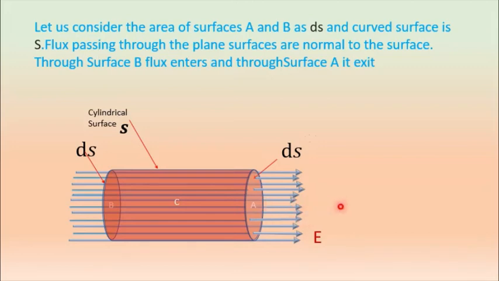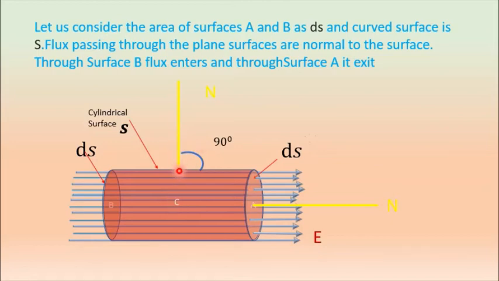Let us consider normals to the surfaces. Normal to A is N. The normal and the electric field lines are in the same direction. Normal to the curved surface, we have to consider at every point of this surface.